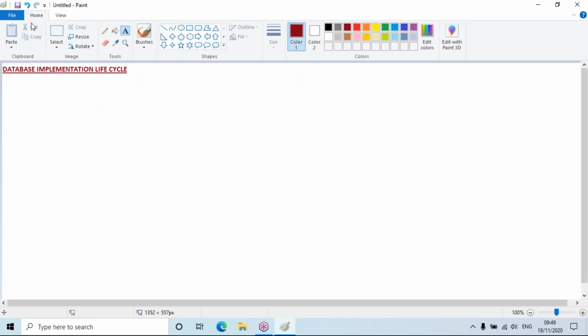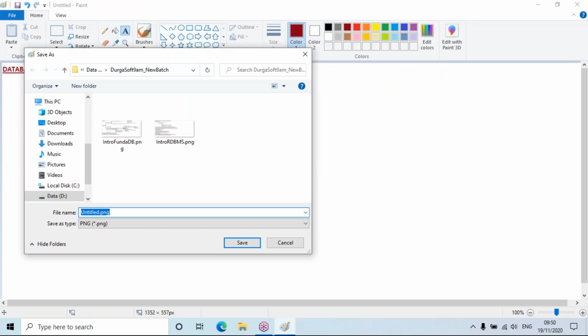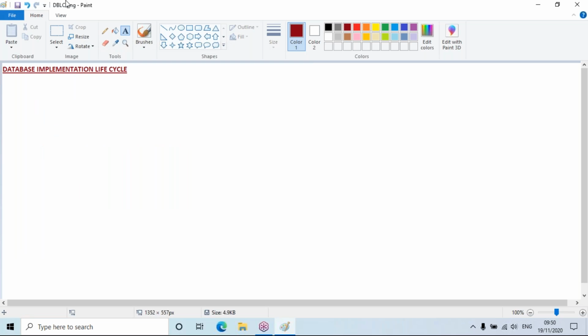So I'll write here database life cycle. In this I'm going to discuss three phases or three stages of your database: designing stage, development stage, production stage. Designing, development, production.